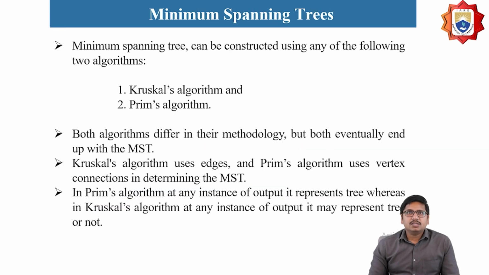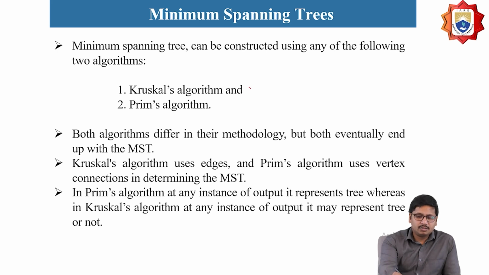For the construction of these spanning trees, we have two types of algorithms: Kruskal's algorithm and Prim's algorithm. Both algorithms differ in methodology: Kruskal's algorithm uses the edges as the concept, whereas Prim's algorithm uses the vertex connections.